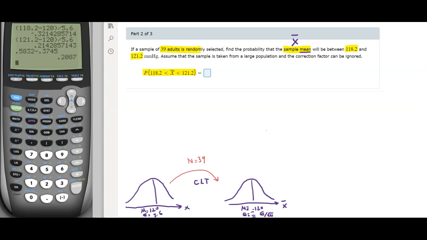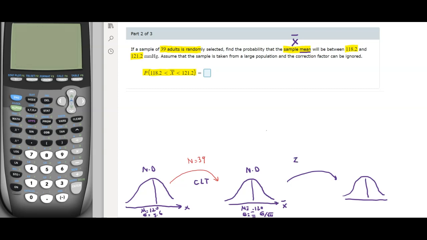Once we get the new distribution, we're going to use the standardized formula: z equals x bar minus the new mean, which is mu, divided by the new sigma, which is sigma divided by radical n.